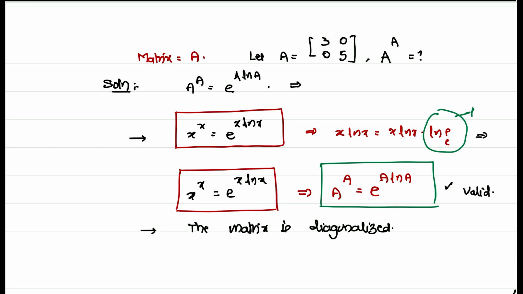First and foremost condition is that we should be able to diagonalize the matrix. What is diagonalization?